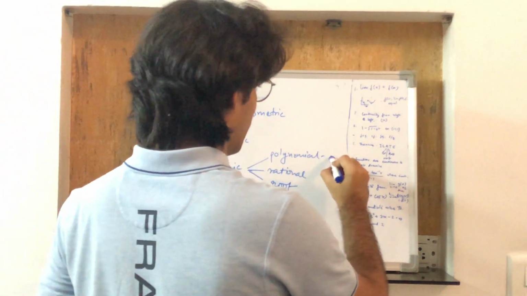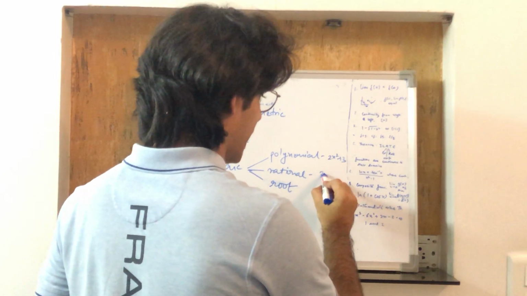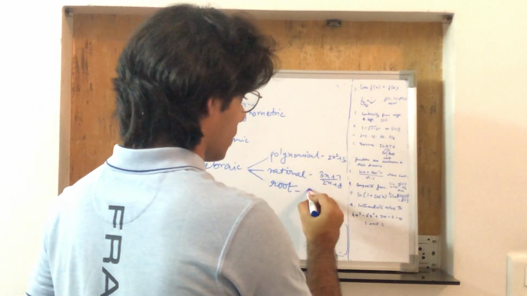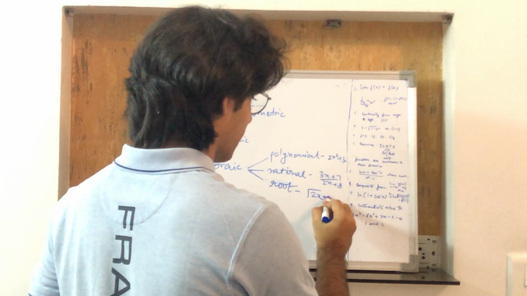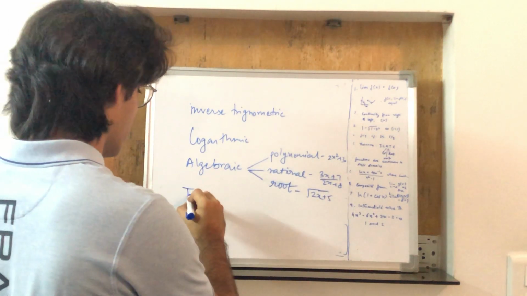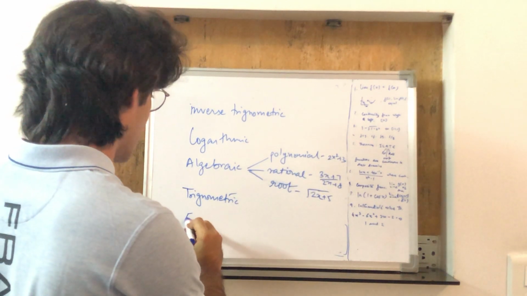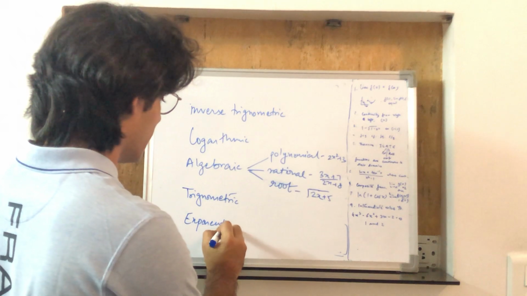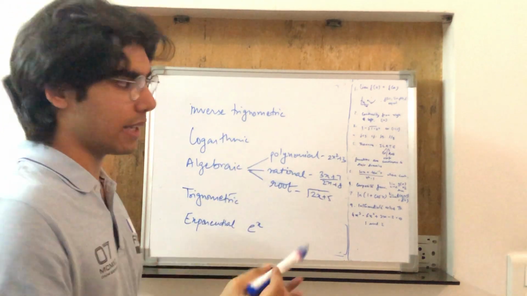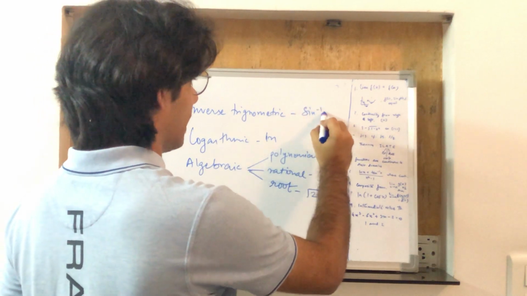Polynomials are like 2x squared plus 3. Rational is like 3x plus 7 divided by 2x plus 8. Root is something like root of 2x plus 5. These 3 are all algebraic. Then there are trigonometric functions: sine, cosine, tan, and finally exponential, which involve e to the x, like e to the 5x, e to the 7x. Log is like our natural log, and inverse trigonometric is sine inverse x or something.